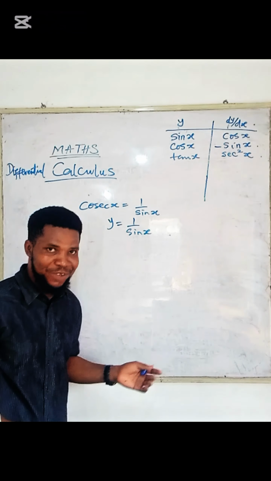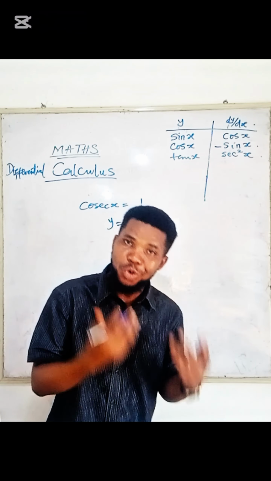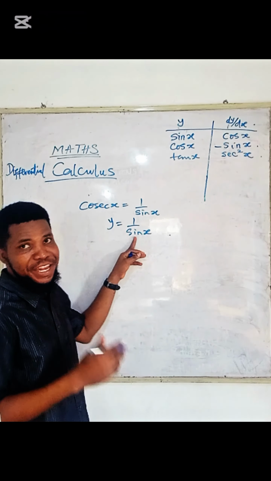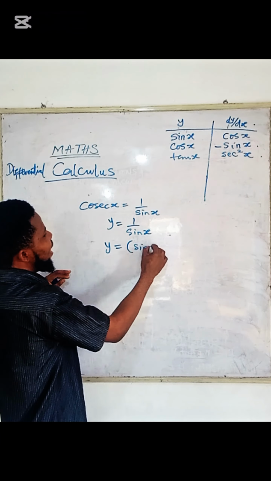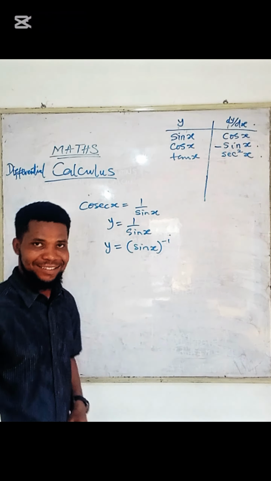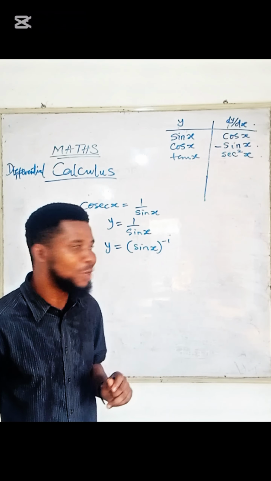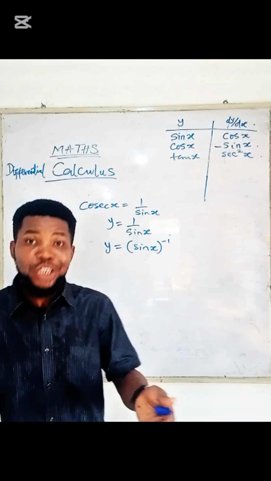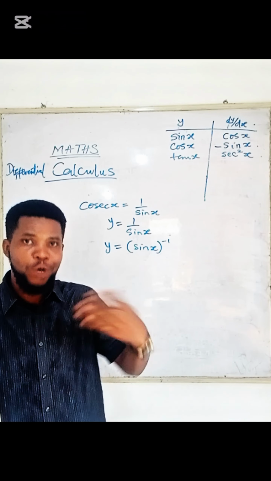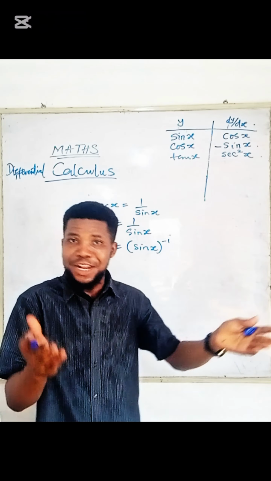There are two ways you can solve this. You can solve this using the quotient rule, or you just solve this in this manner, like y equal to sine s raised to power minus 1. When you are solving it this way, you are applying the chain rule, function of function, depending on the number of functions.